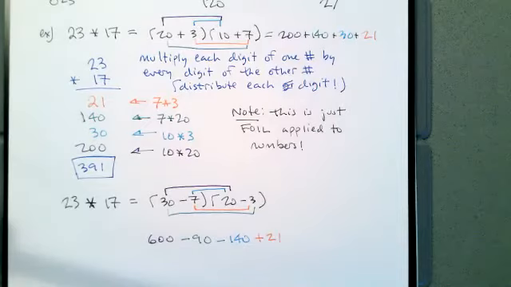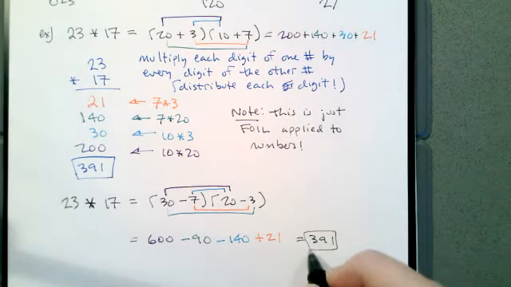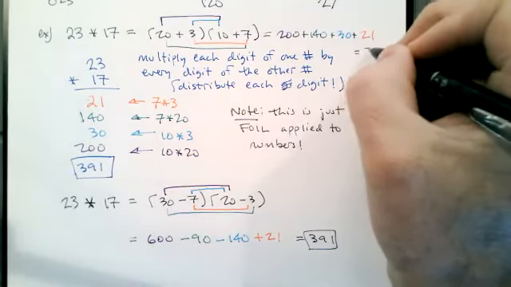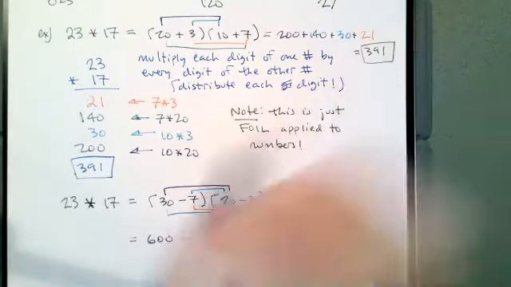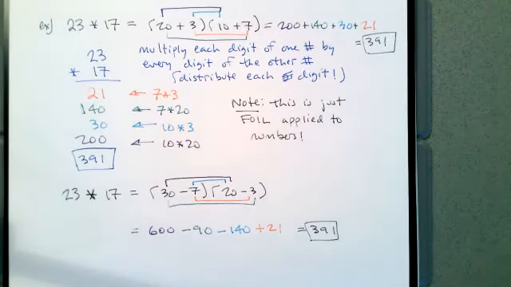And when we add all these numbers up, 621 minus 90 minus 140 is still 391. Just like it was up here. We're just representing the numbers in a very strange way: 30, -7 instead of 20 and +3. Any questions?